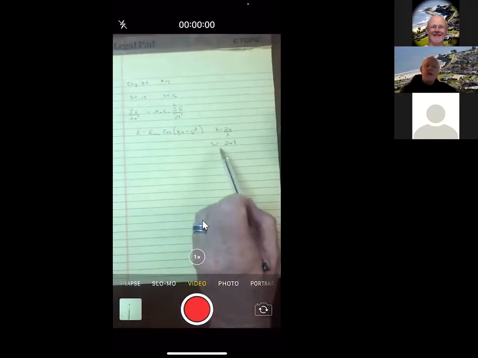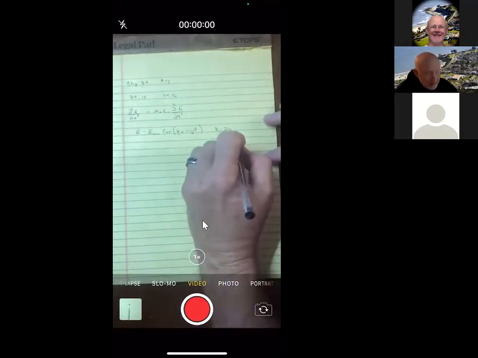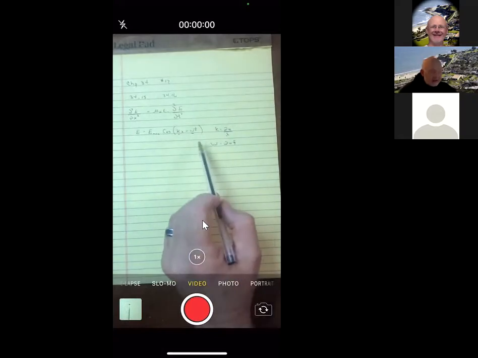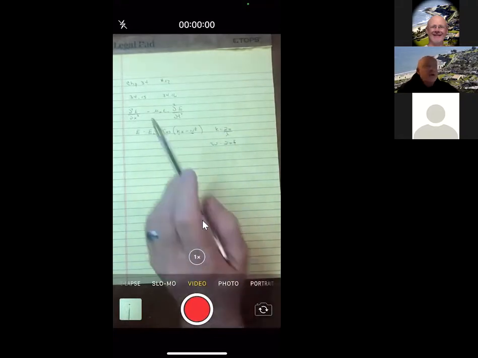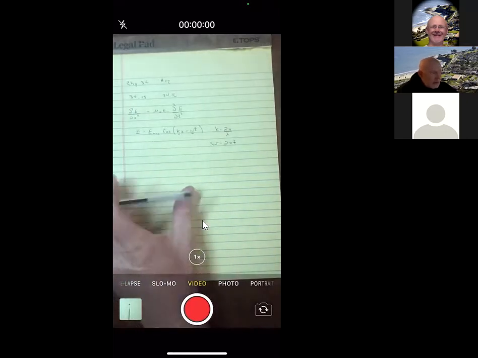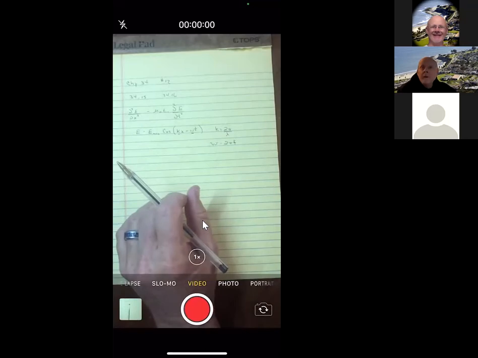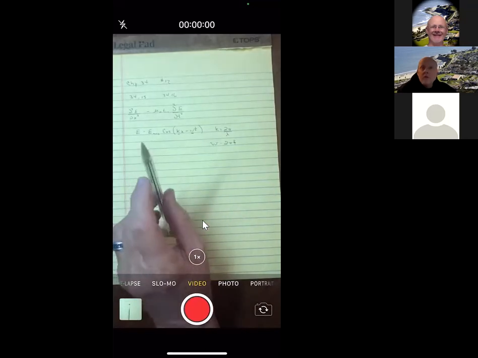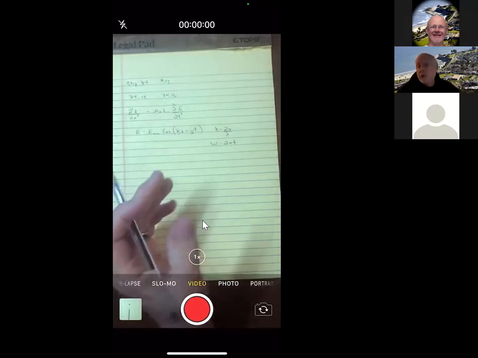Now, I guess recently we've been doing a lot with omega, the angular frequency, so maybe that's not a surprise, but the angular wave number could be, because this is covered in great detail in the chapter, must be chapter 16, which is covered in Physics 123.